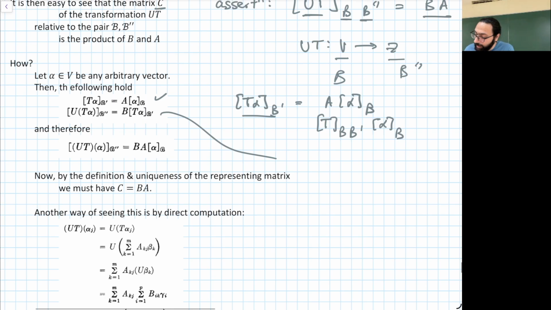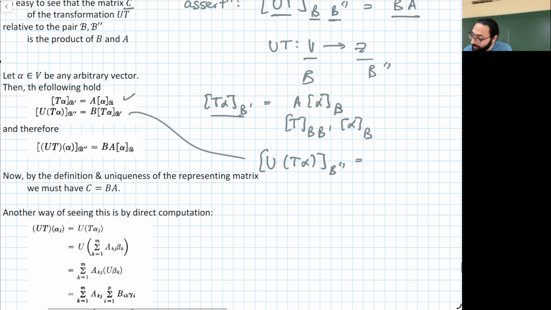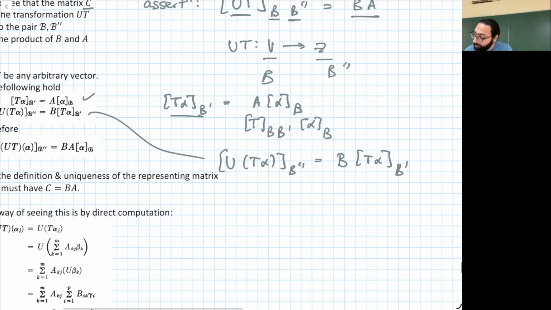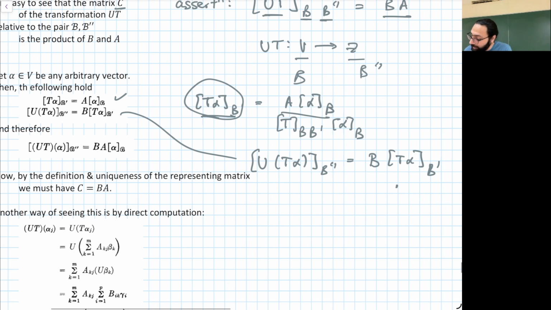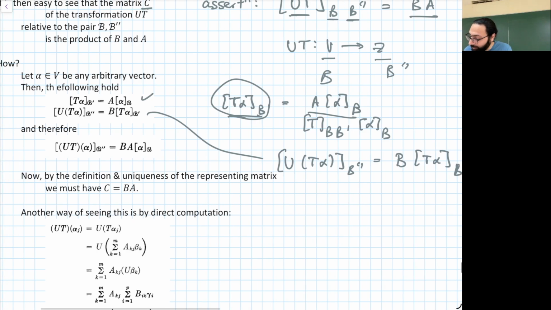The next step is to apply U to T alpha. When we do that, we have B acting on T alpha relative to B prime, which we just evaluated. It was just A acting on alpha_B. So this is fine.